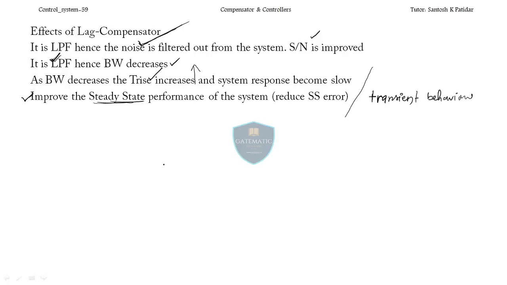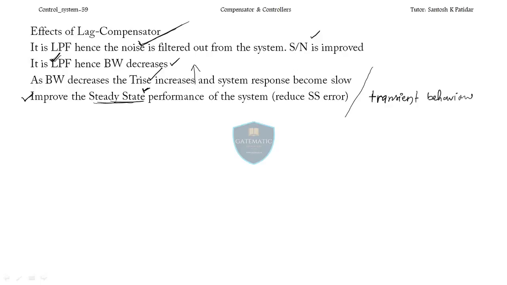And for any system, steady state performance is very crucial. Why? Because at the output, steady state performance is what? The output of the system at t equal to infinity, isn't it? That is the desired value you are looking for.